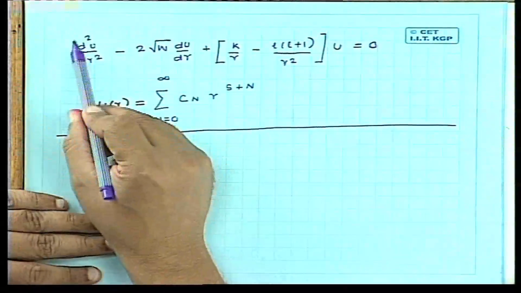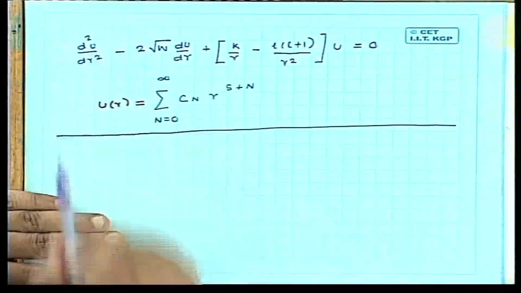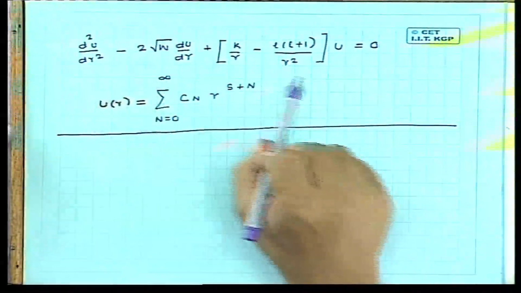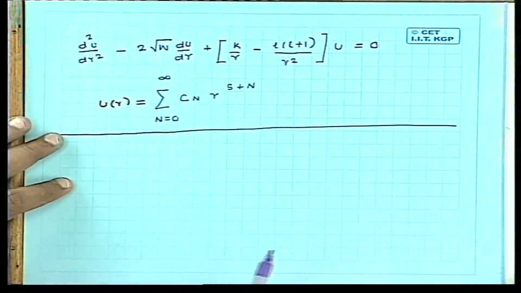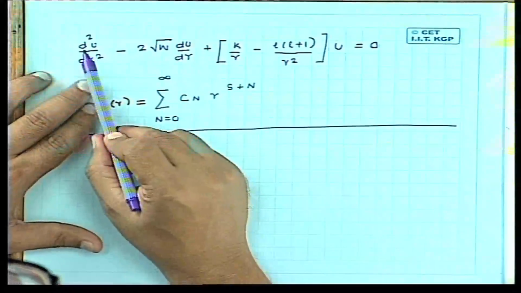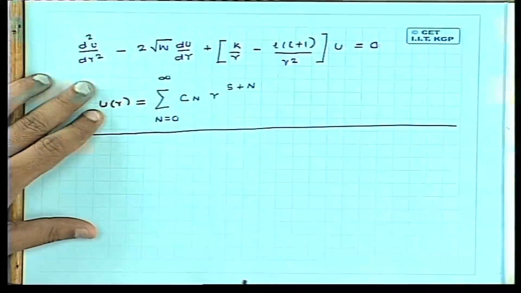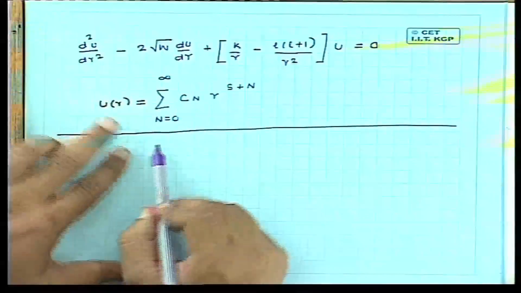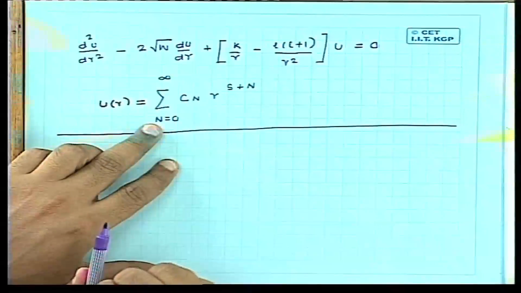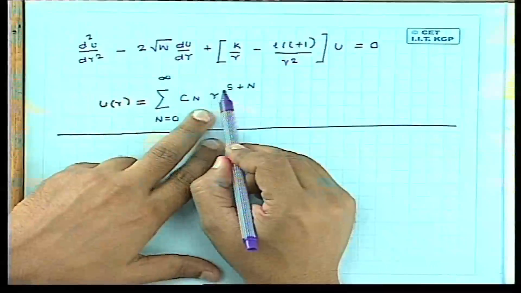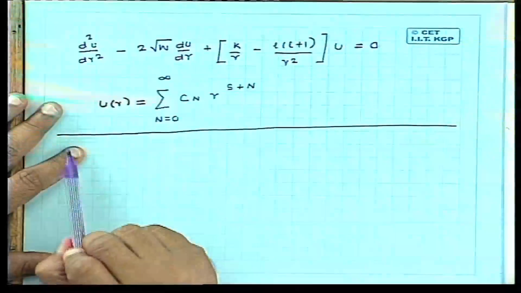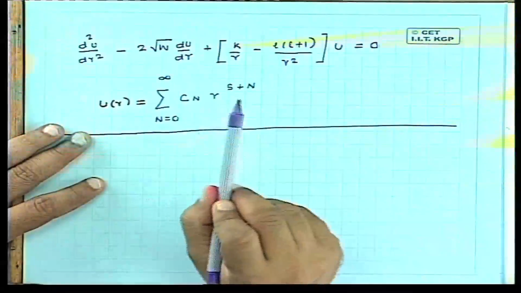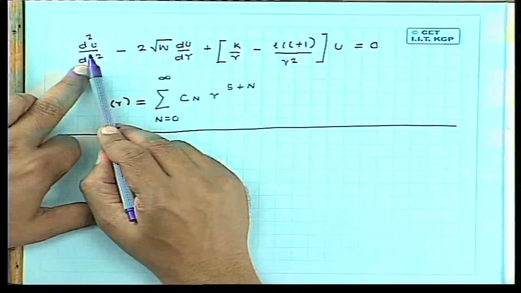So the first term over here, let us first take a look at it before starting on the algebra. Suppose we take some fixed value of n. The term will have r to the power of s plus n. Now the second derivative will have r to the power of s plus n minus 2.